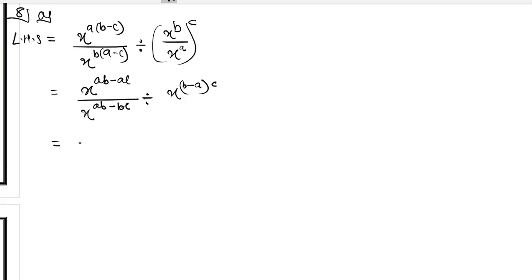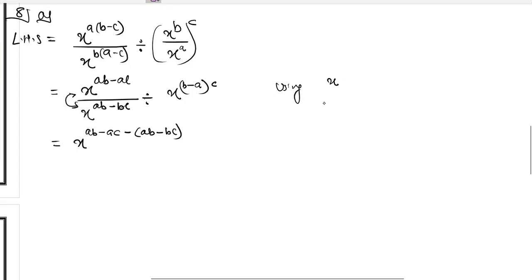Just see, x raised to ab minus ac minus bracket ab minus bc, because they are in denominator and numerator, so when they are brought together I can use the law of exponent that says a raised to m upon a raised to n is equal to a raised to m minus n.